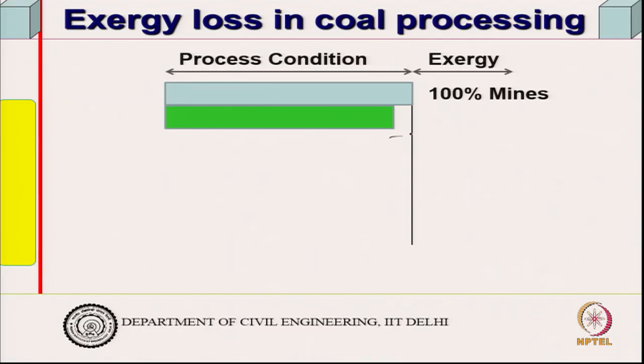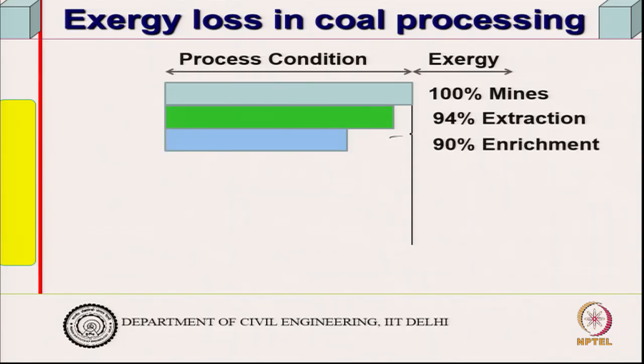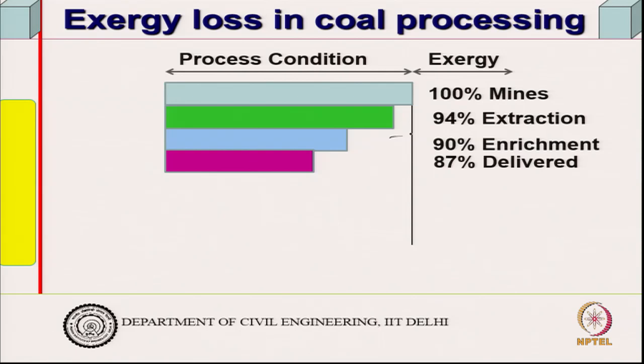So, this much energy I have spent, now it is effectively, accounting wise, 94% after extraction. And then I might have done some enrichment, that means I might have washed it, right, to remove the clay, some enrichment I have done. So, another 10% gone, and 87% because I would have transported it, delivered somewhere.